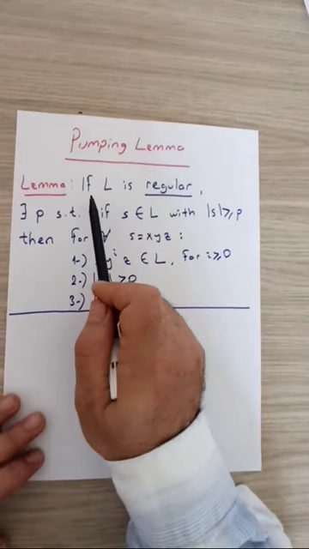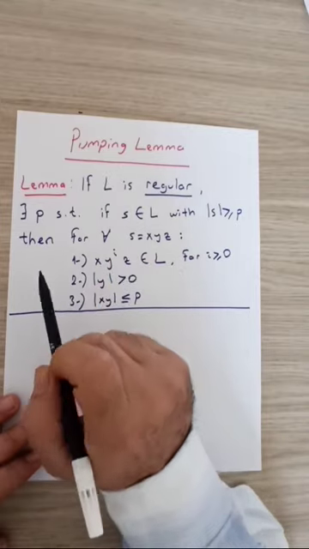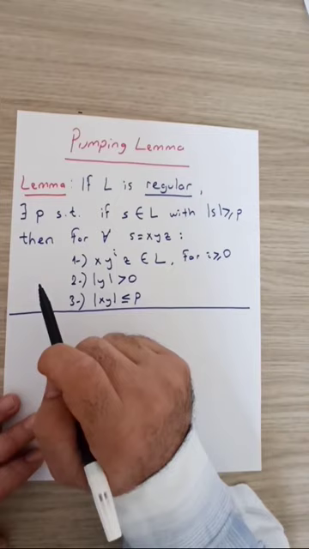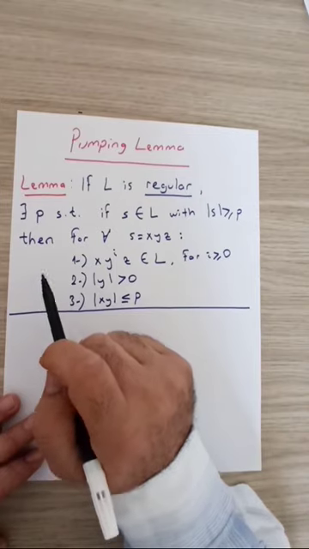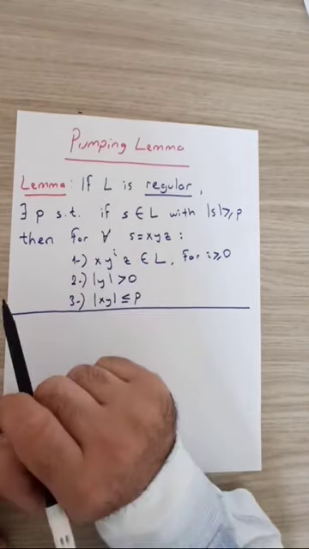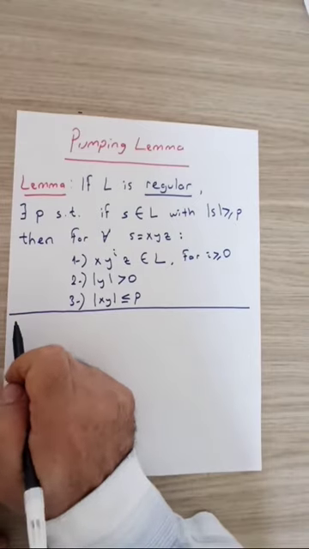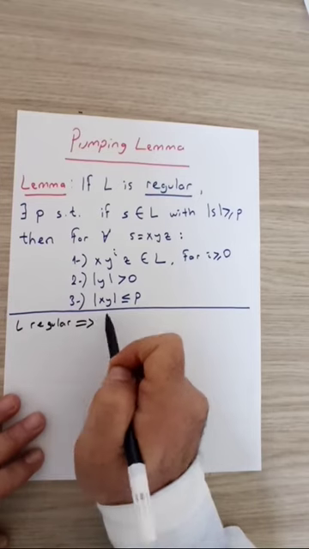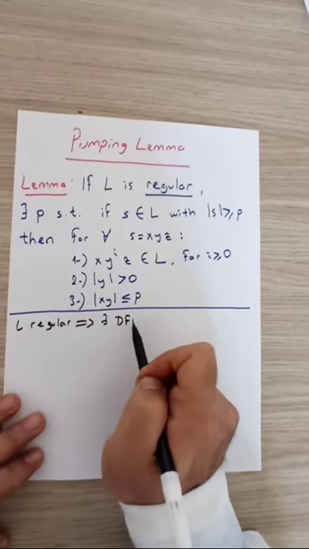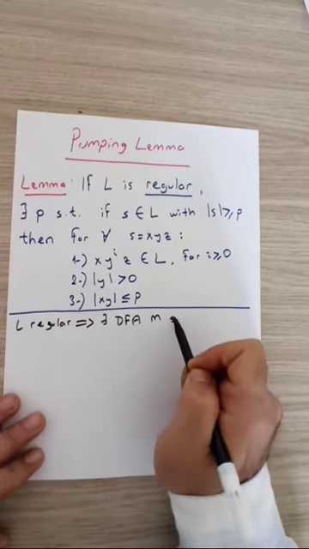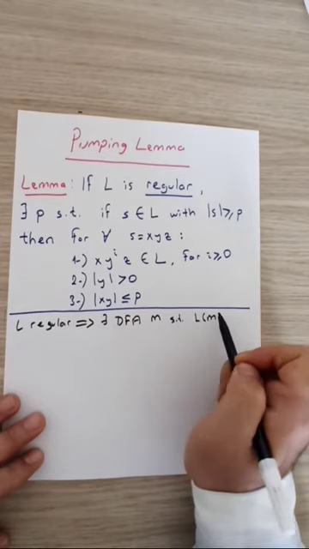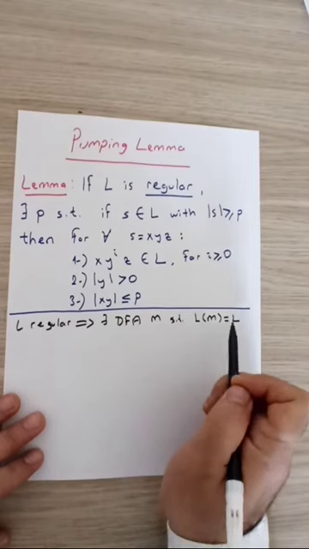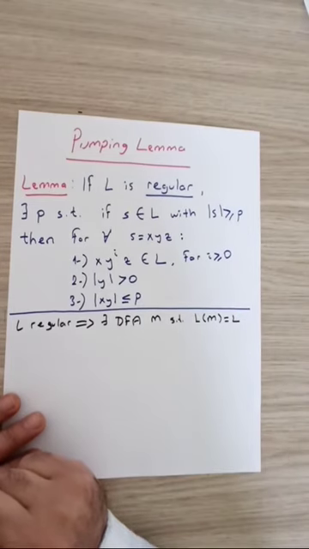Now, our statement starts with the assumption that L is regular. If L is regular, then we know that there exists a DFA, let's call it M, that recognizes this language L. So L being regular implies there exists a DFA M such that the language recognized by M is the same as L.